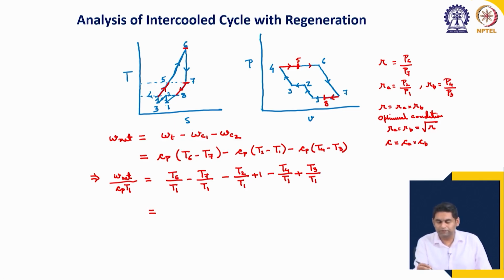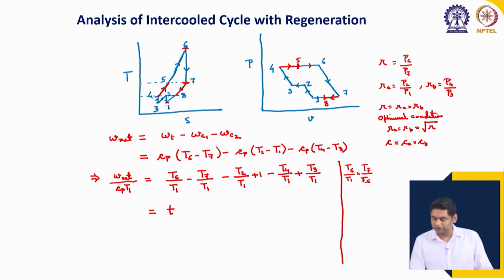So, T6 by T1 is the maximum temperature ratio. This is equal to, as per our definition, T minus T7 by T1. T7 by T1 we can write as T6 by T1 into T7 by T6, including the turbine process.